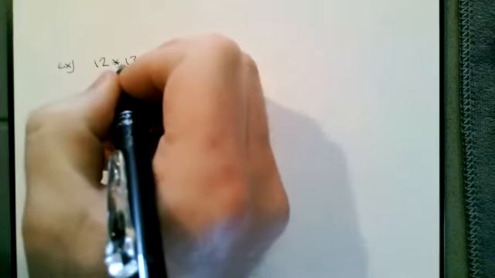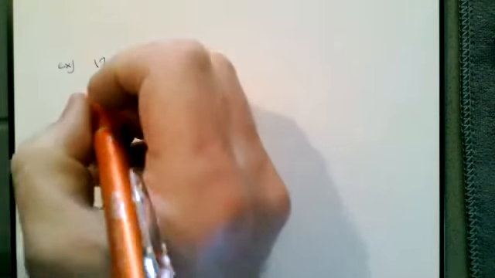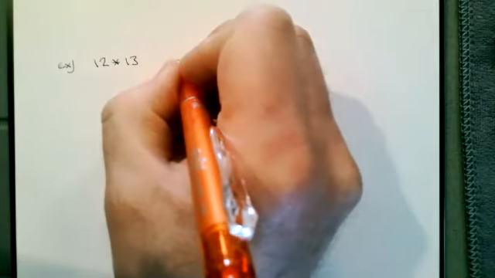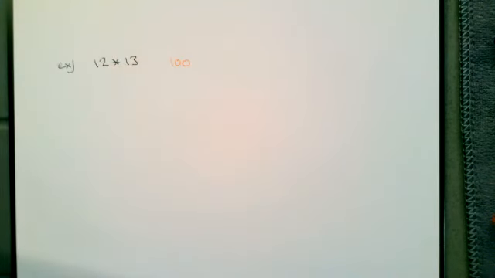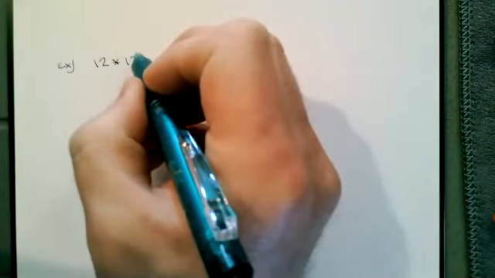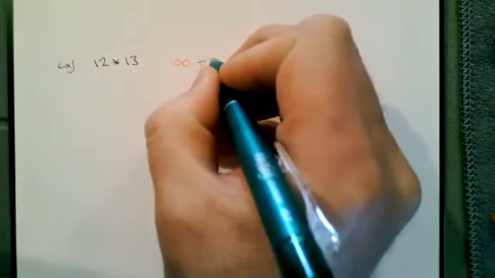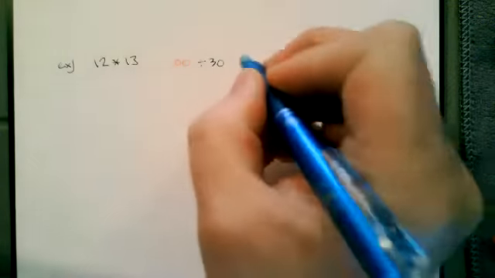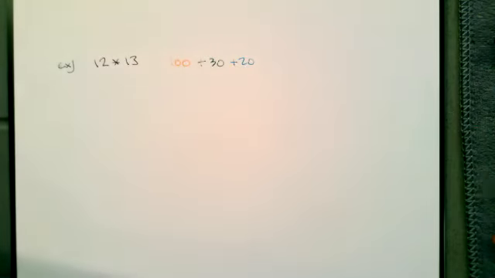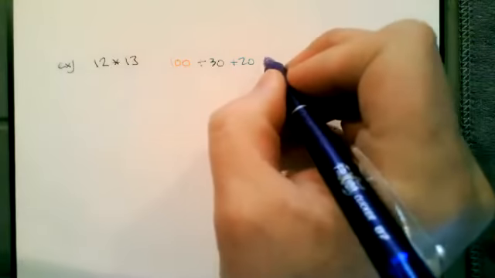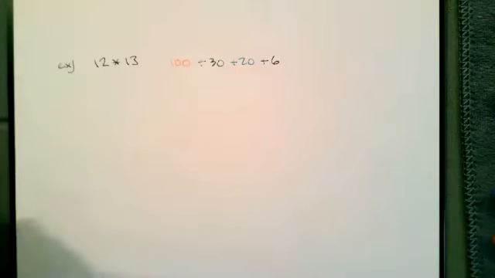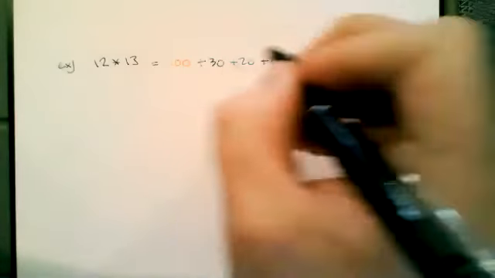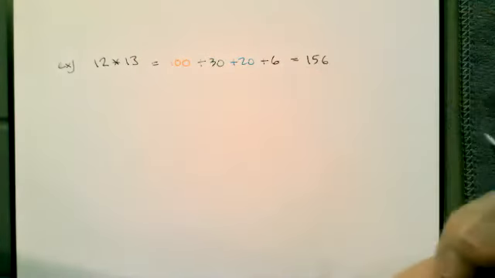So we're going to have the 10 times 10, which is 10 squared, or 100. Then we have the 10 times the 3. That's going to be 30. And then we have 10 times the 2. That's going to be 20. And then we'll have the 3 times the 2, which is 6. And when we add them all up, we get 156.